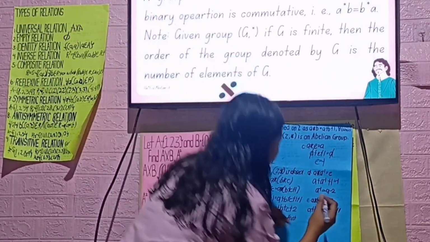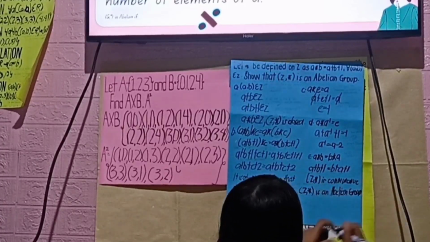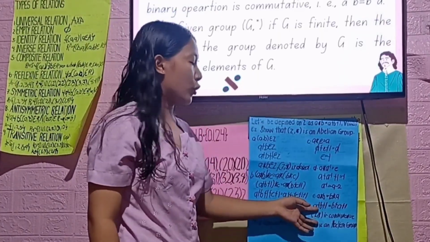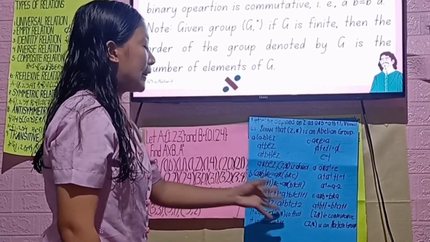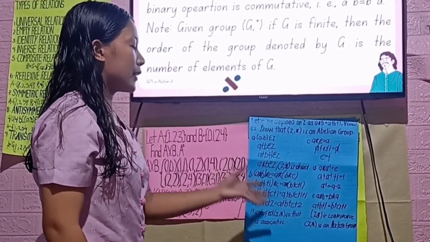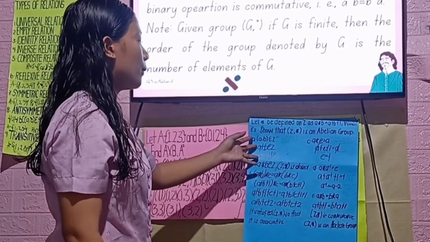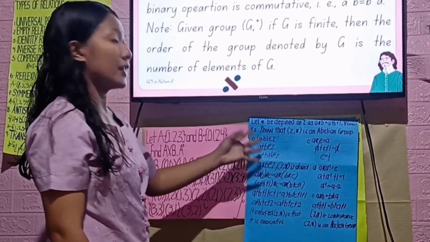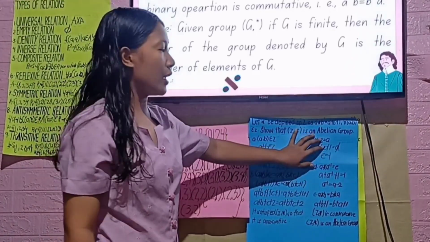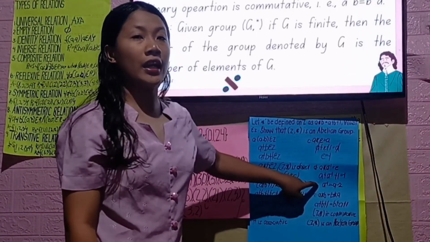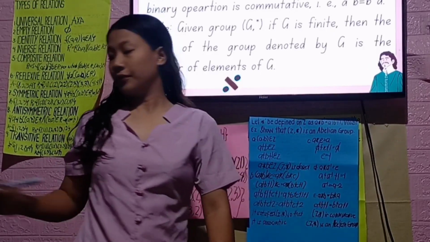So we prove that it is commutative. So (Z, *), the integers with star, is an abelian group because we proved that it is closed, associative, has an identity element, has an inverse element, and is commutative.